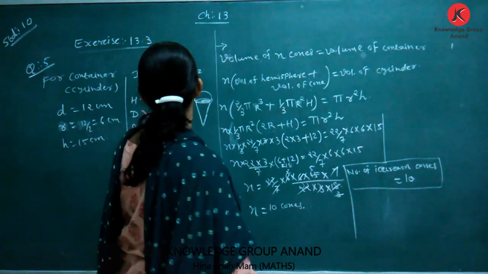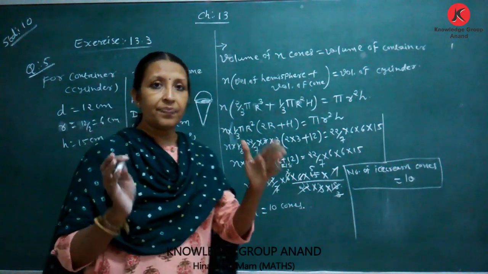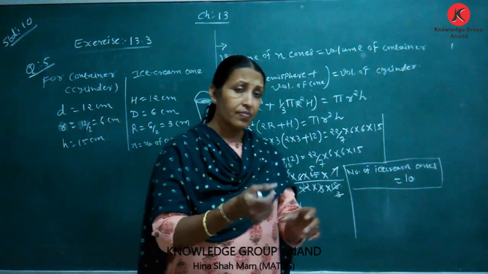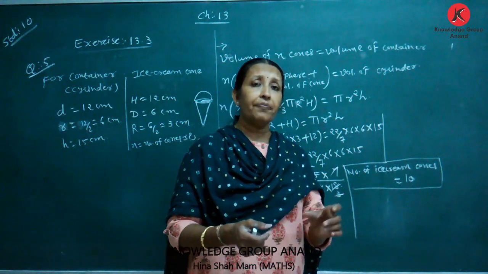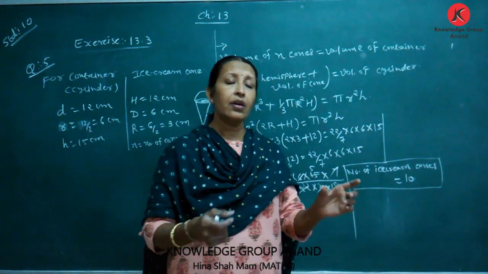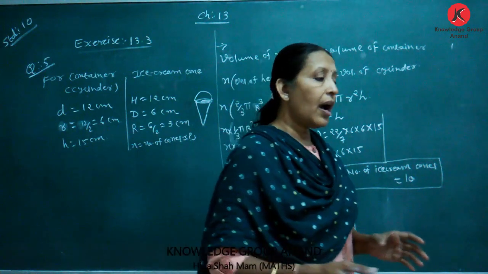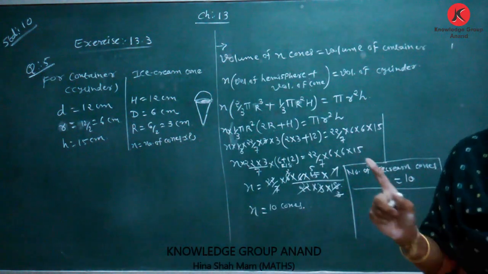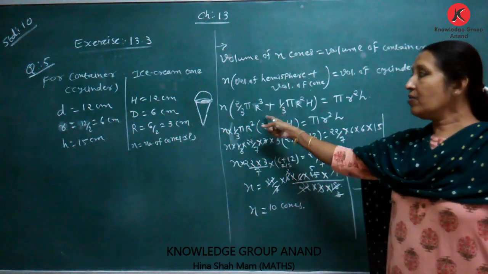Okay. Question number 5. A container is full of ice cream and it is filled into cones. How many cones are filled with this ice cream? Then we take the number of cones as n.